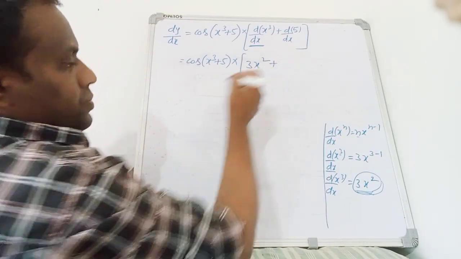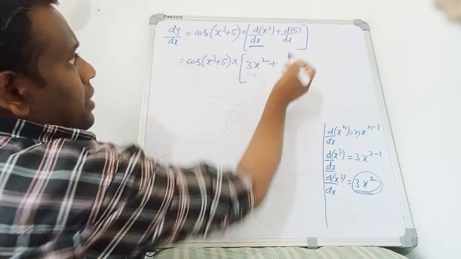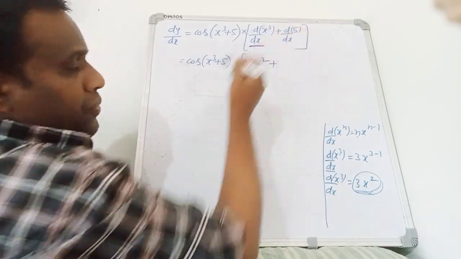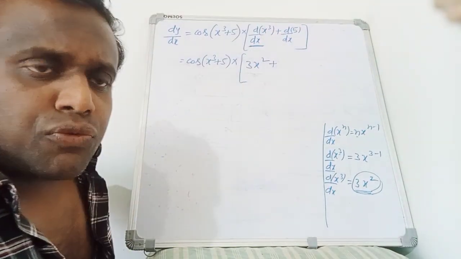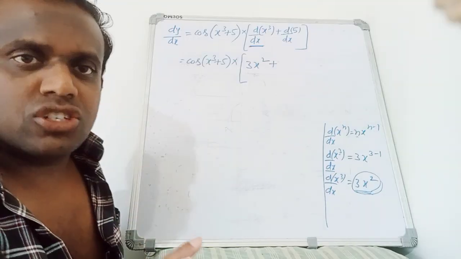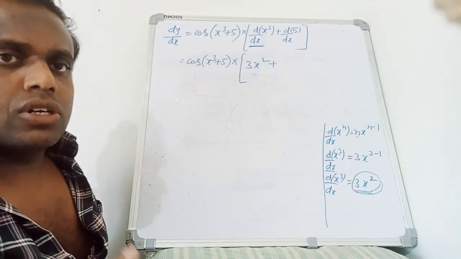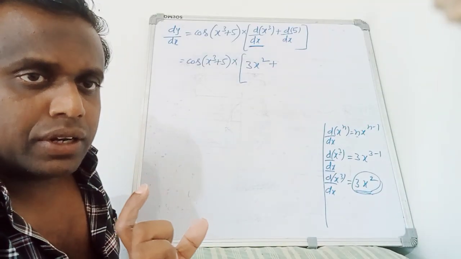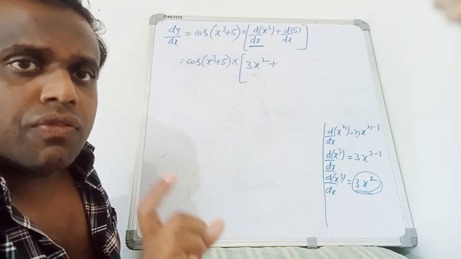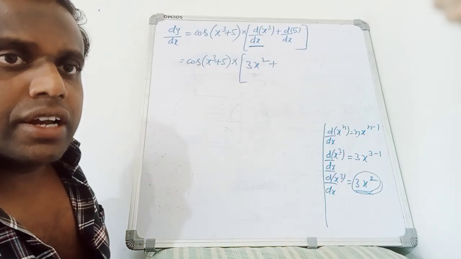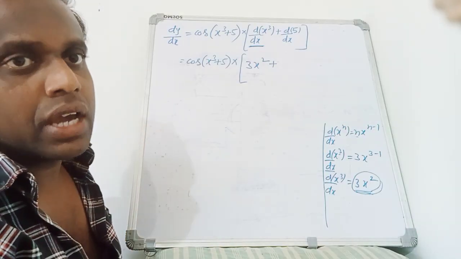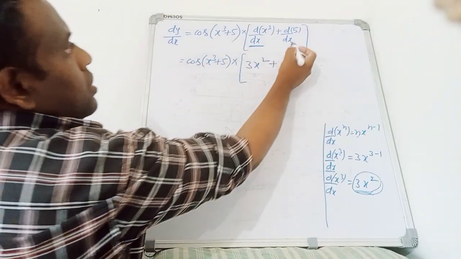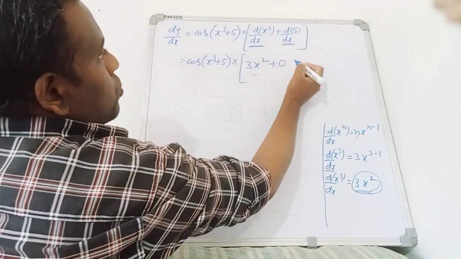Next, plus d by dx of 5. See, 5 is a constant, a number. Remember this point: differentiation of any constant is always 0. So this will become 0.